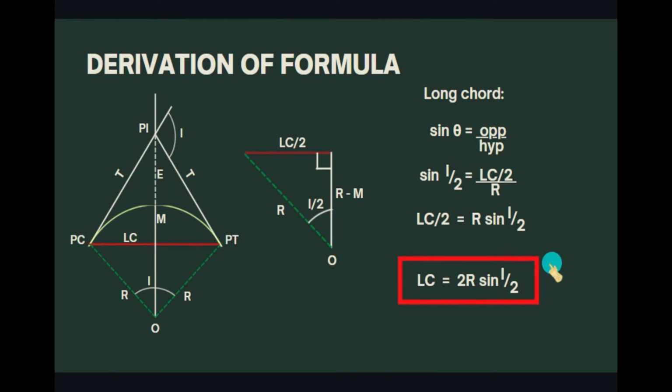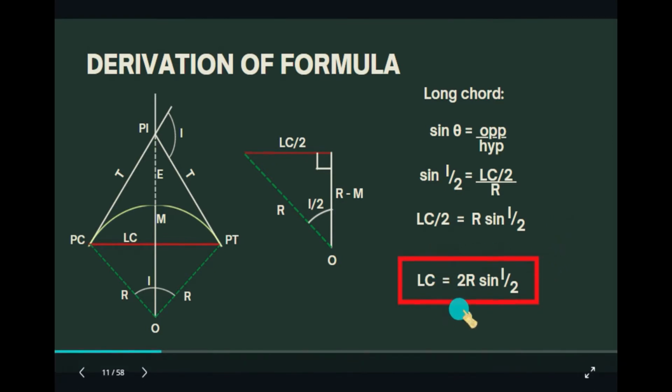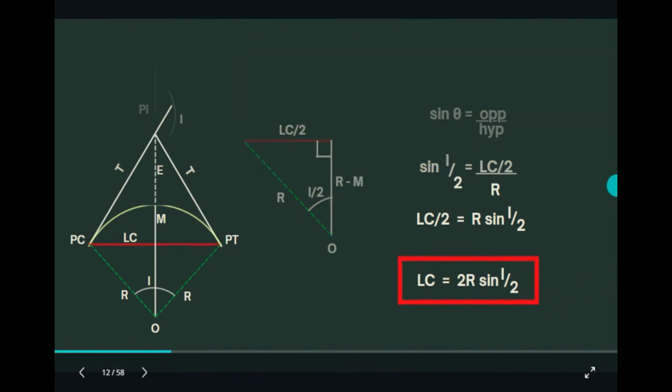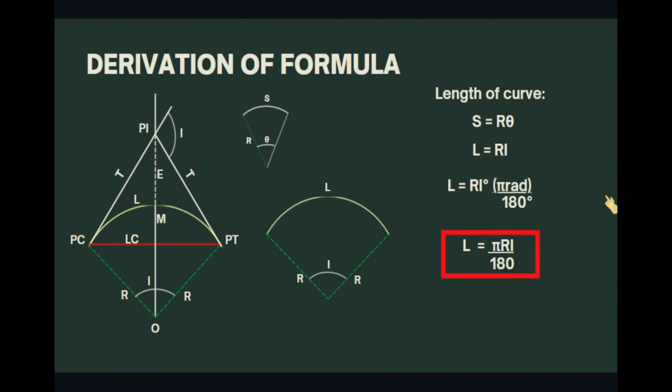If we simplify furthermore, we get the formula of the total chord length, which is LC equal to 2R sine I over 2.